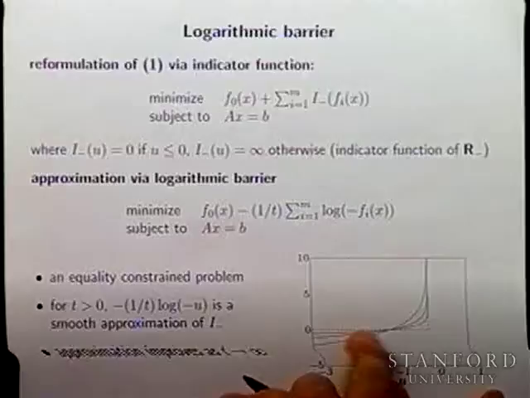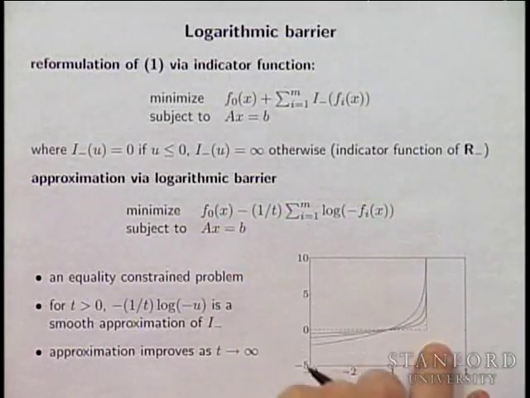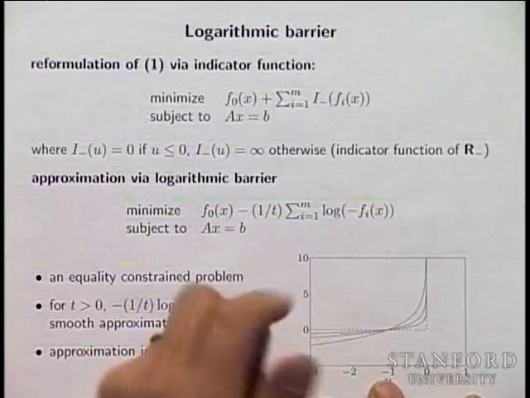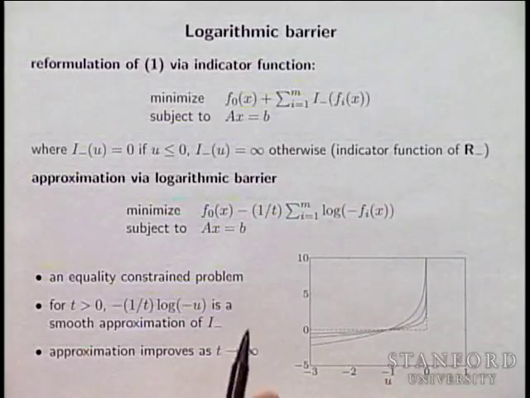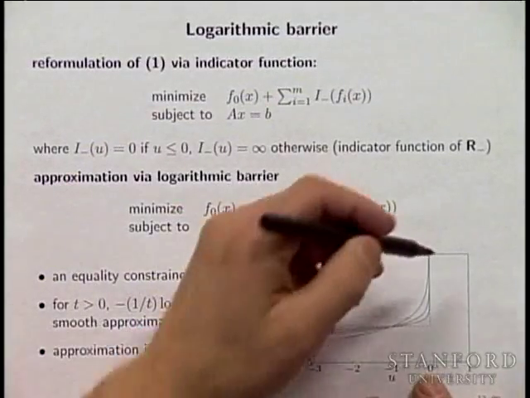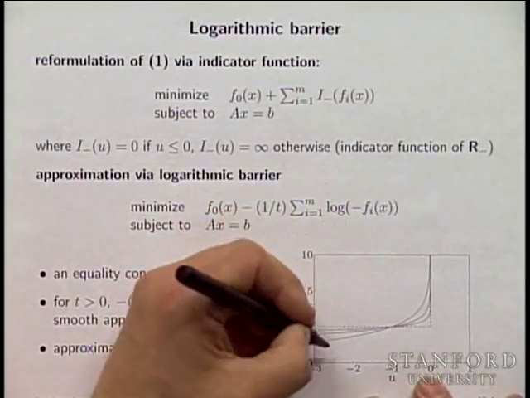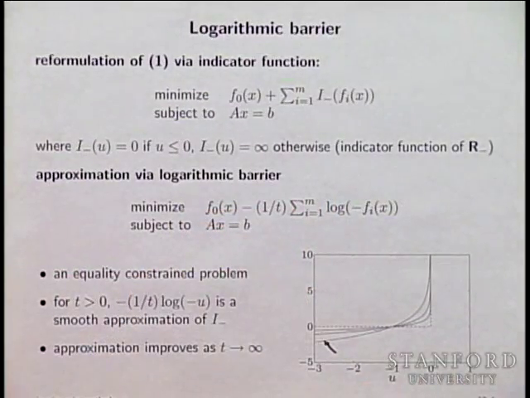If t is big, your logarithmic barrier is giving you a very good approximation of the true function here. It's very flat near 0, then shoots up to plus infinity. If t is smaller, like 1, it might be this one out here, something like that.